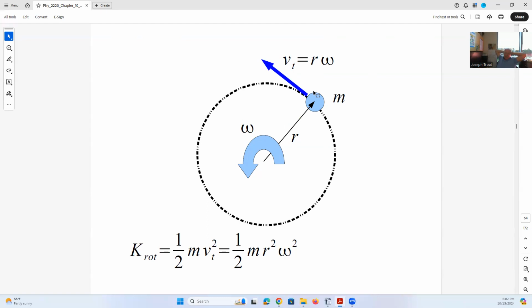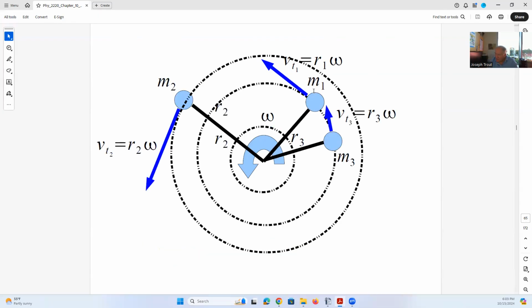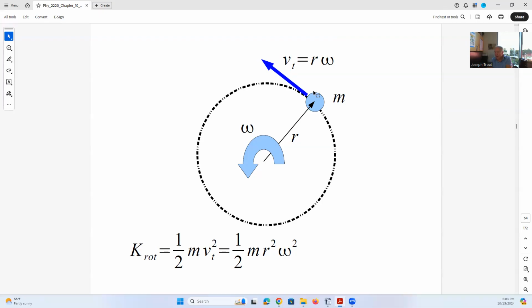In this case, we have 1/2 the mass times the tangential velocity squared. But we know that the tangential velocity is just r times omega. So in this case, we're going to replace the symbol m r squared with the letter I and call it the moment of inertia.